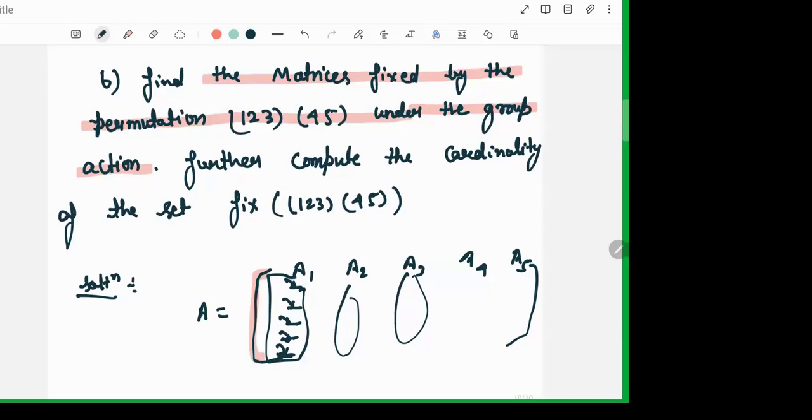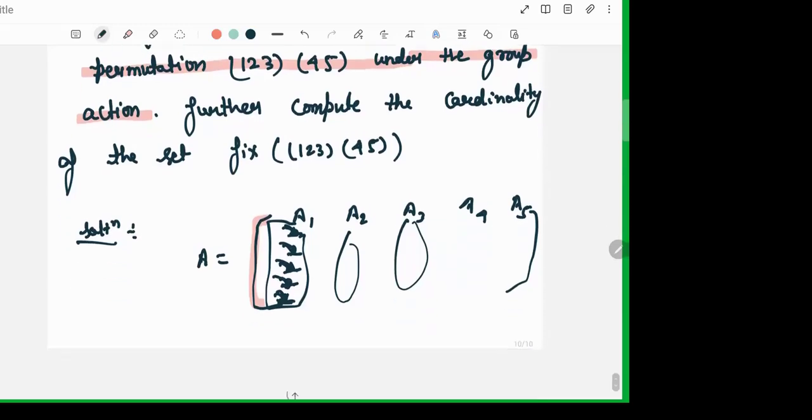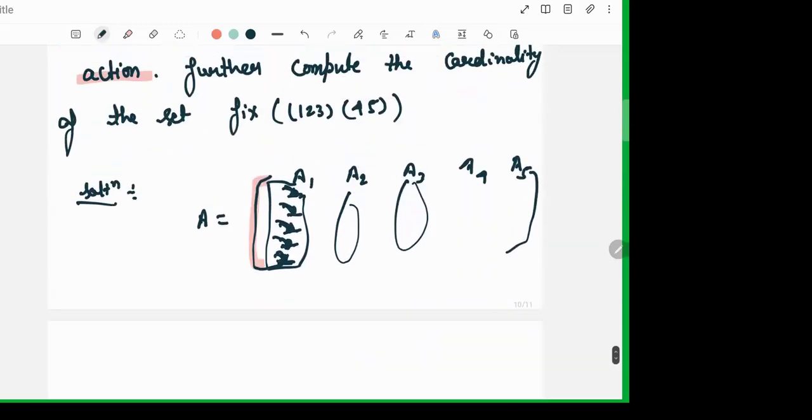Here we have 5 choices, here 5, here 5, here 5, here 5. Only from Z5, and entries can be repeated. So that's 5 to the power 5. So A1 has 5 to the power 5 choices.